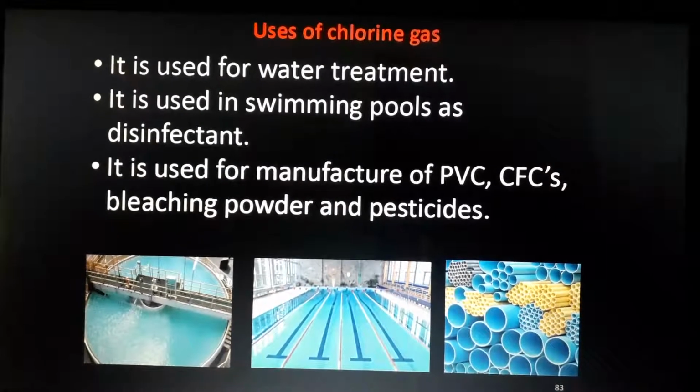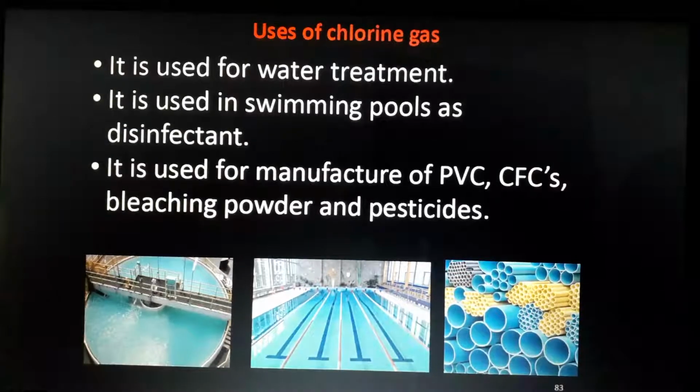Okay, chlorine gas is there. From this gas we are producing chlorine salt also. But if we pass this chlorine gas through water, what will happen? The water will become good water. It is used in swimming pools as a disinfectant. Swimming pools. How many people are jumping into a swimming pool? Lots of people are there. So different infectious diseases can happen.